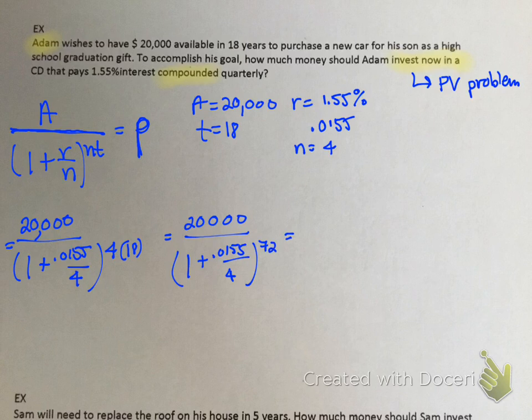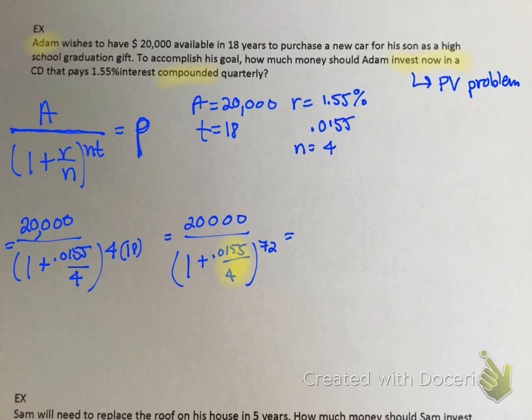Okay, so this one's a little bit trickier than the other one if you use this formula, because you're going to have to divide off two numbers here. But you start it the same way. So I start in that denominator, and I take 0.0155 divided by 4 on my calculator, and then I add 1 to that.